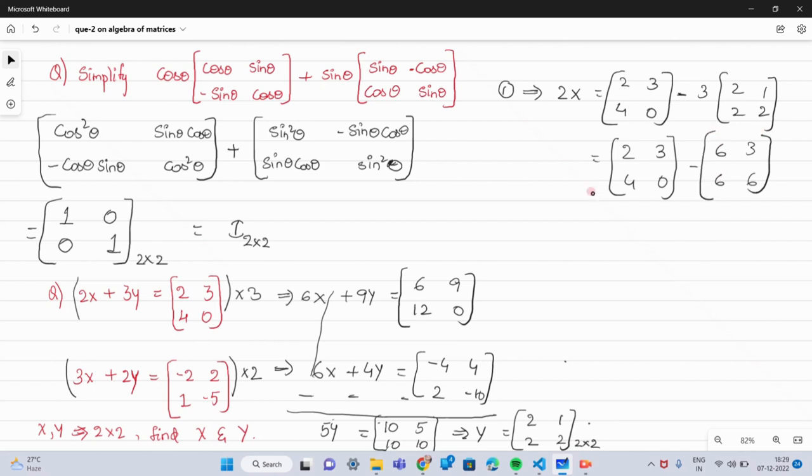Just subtract, you'll get 2X, okay? Now, divide all the elements by 2 so that you'll get X. So this is the required matrix of X and Y. This is the X matrix and this is the Y matrix.